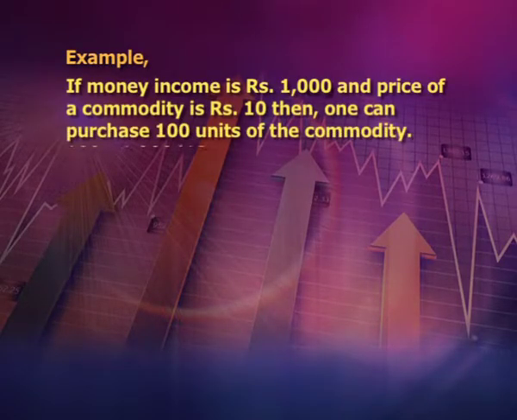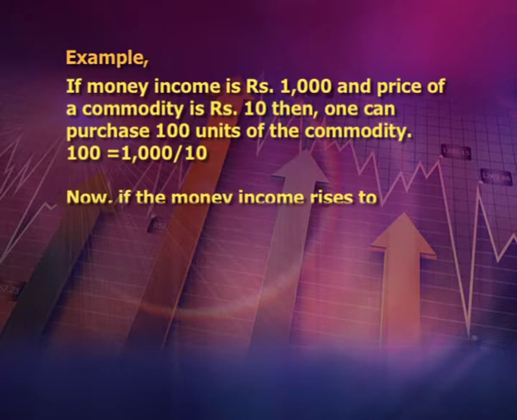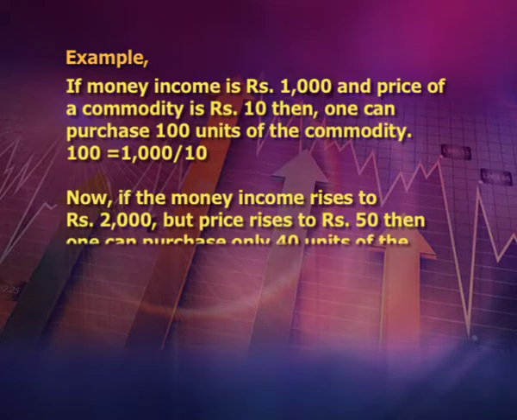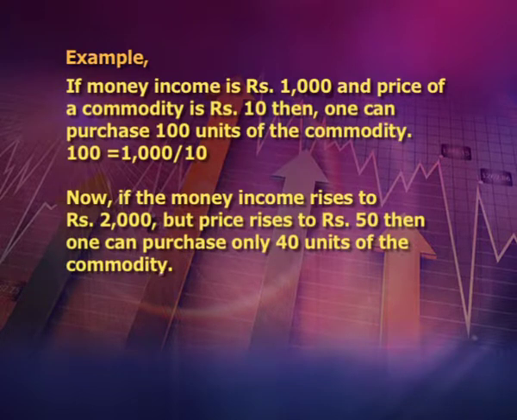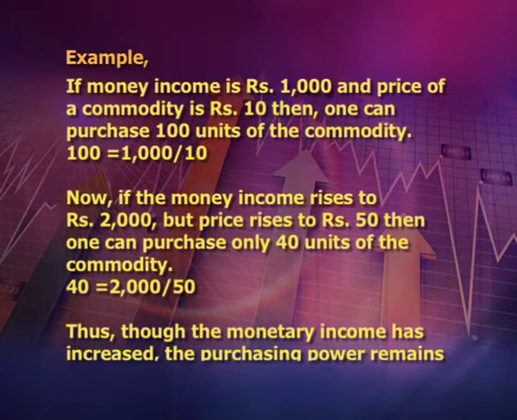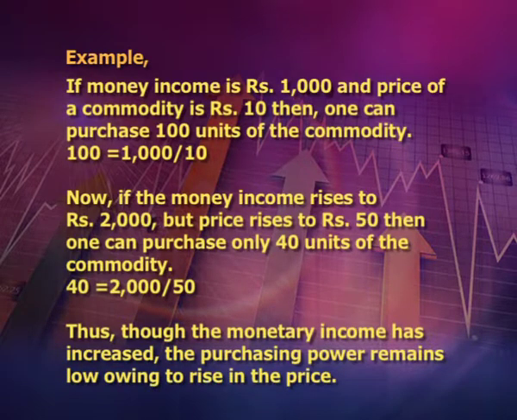If the money income is rupees 1000 and the price of a commodity is rupees 10, then one can purchase 100 units of the commodity. Now, if the money income rises to rupees 2000, but at the same time price rises to rupees 50, then one can purchase only 40 units of the commodity. Thus, though the monetary income has increased, the purchasing power remains low owing to a rise in the price.